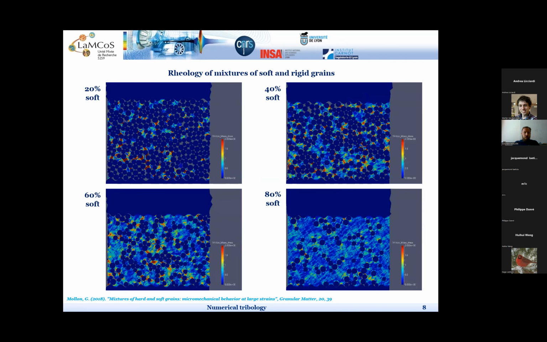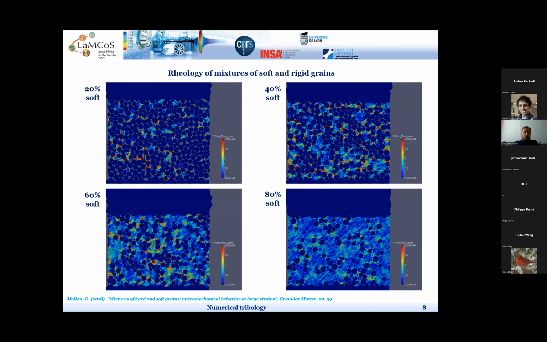Another example of application is the wear particle creation and ejection in the tire road contacts. This has a lot of implication for public health, actually, because a large proportion of the particles in the air do not come from exhausts of cars, but from the wear of brakes and tires.